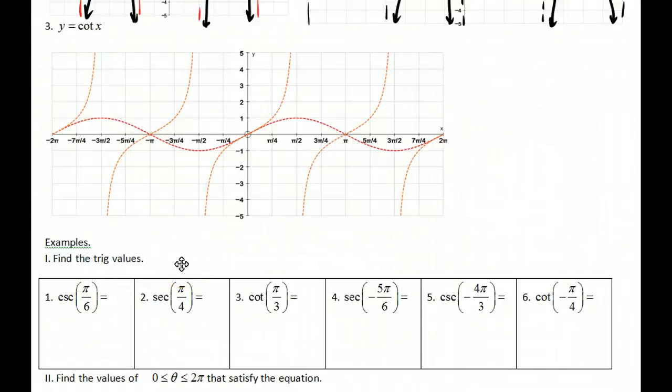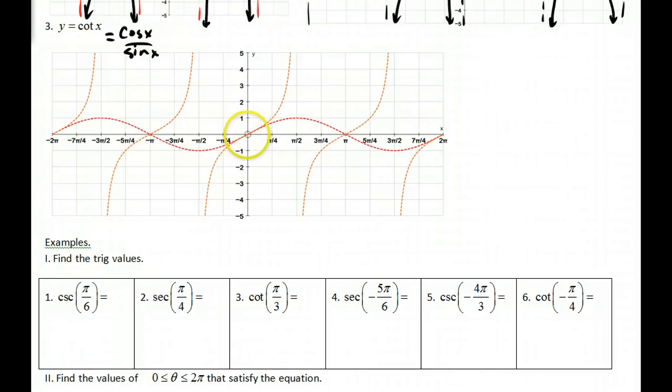Now I want to graph the cotangent function, and I can look at this as being the reciprocal of the tangent, or I can work it off of the sine graph. Either way, it should turn out to be pretty much the same. This one would be the cosine over the sine. It's a reciprocal of the tangent, so that's what we end up with.